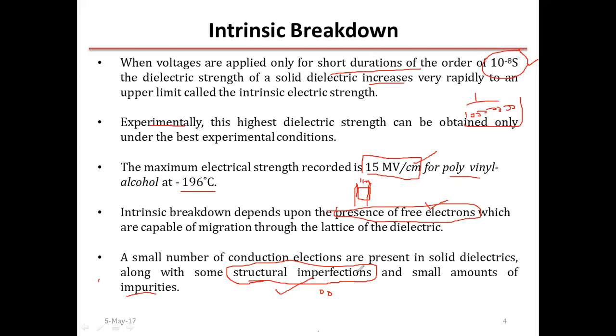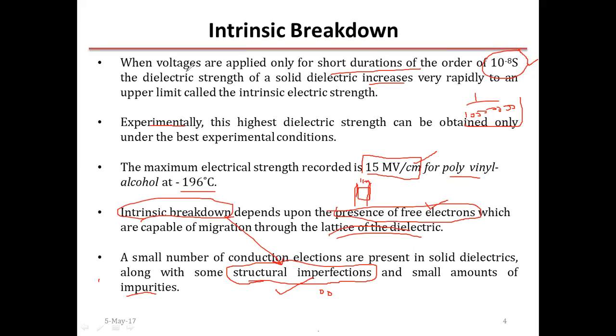So these cause the presence of free electrons in the lattice, in the layers of the dielectric structure. That is why intrinsic breakdown occurs. I have already told you that intrinsic breakdown is due to structural imperfection.